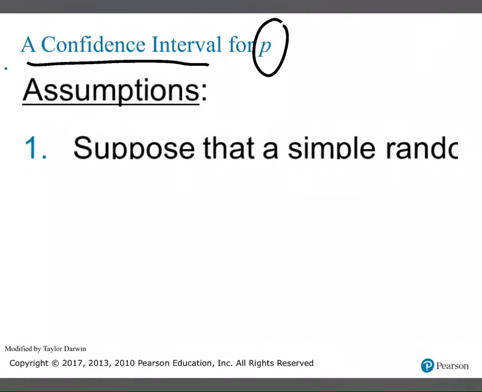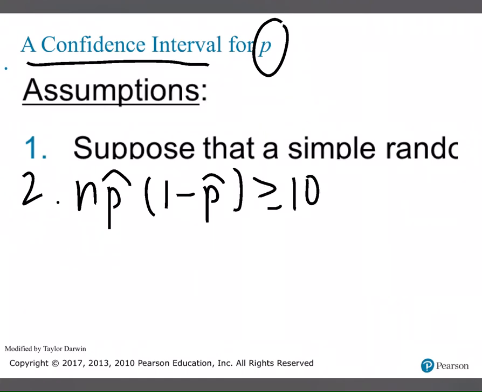And you also need to assume that n times p hat times 1 minus p hat is greater than or equal to 10. You actually need to test that and figure out if that's true. And so you'll see me doing it in all our examples. And that is just, if it doesn't tell you that it's normally distributed, you have to see if it's normal. Normal being we're basically good to go and our distribution is bell-shaped.